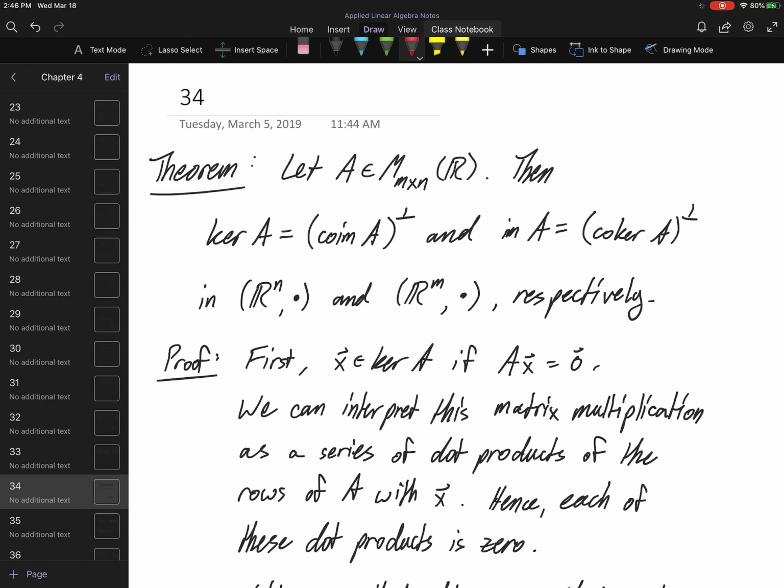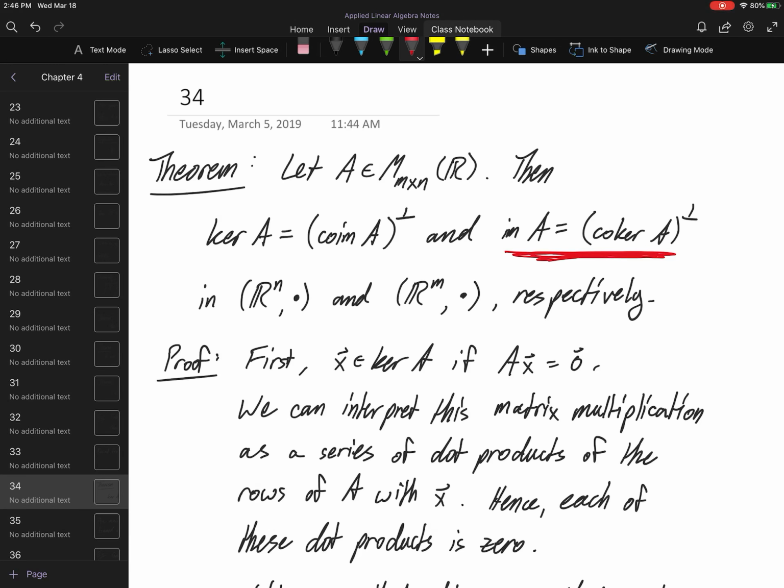So this is exactly the condition we're going to be using to show that a system Ax = b is solvable, and it's using this fact that we're going to appeal to orthogonality rather than Gaussian elimination to make that judgment call for us.